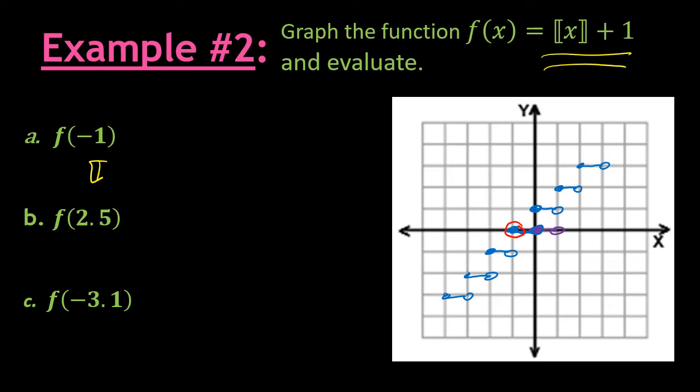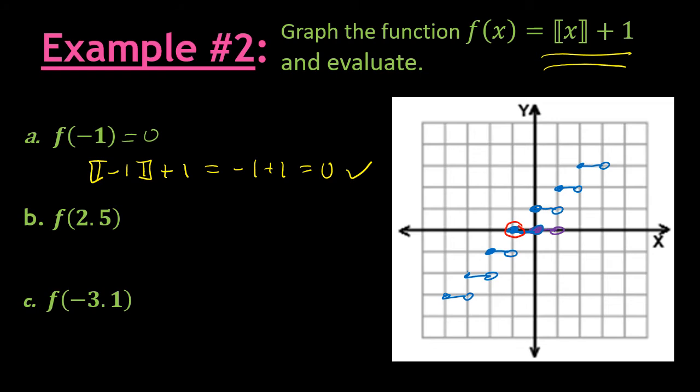It is going to be 0, because if I look at that point on my graph, the y value is 0. So if I think of this algebraically, the greatest integer function of -1, and then I'm going to add 1. So the greatest integer function of -1 is -1. The greatest integer less than or equal to -1 is -1, and I'm going to add 1, which gives me 0, which confirms my answer algebraically.